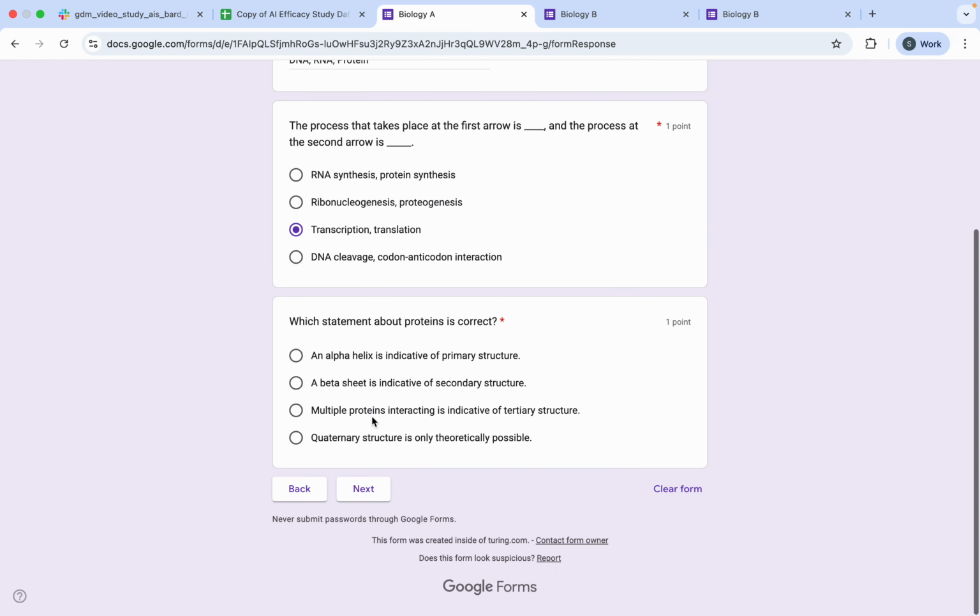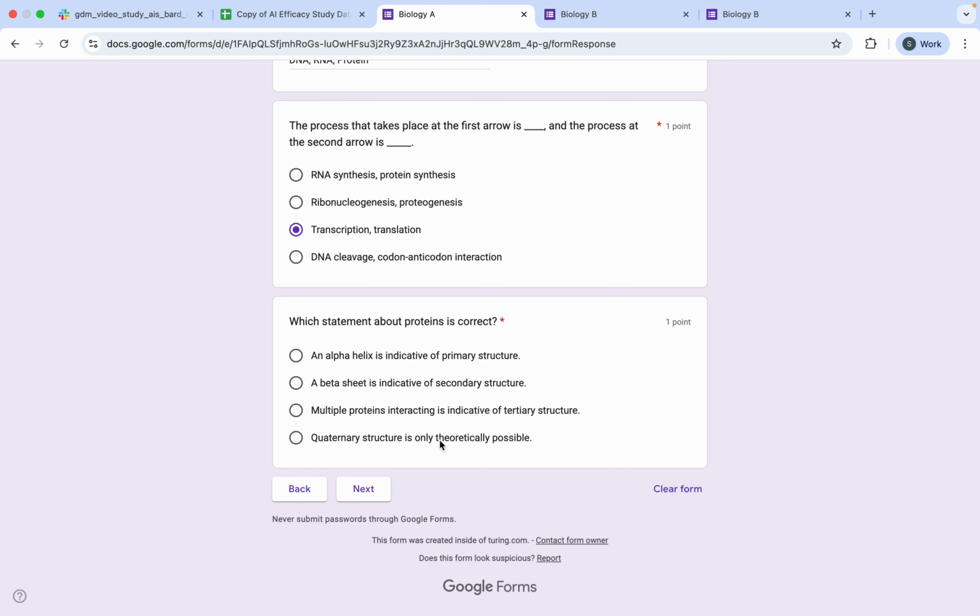Okay. Now, the next question is, which statement about protein is correct? An alpha helix is indicative of primary structure. I think this is wrong. A beta sheet is indicative of secondary structure. I think this is correct. Multiple proteins interacting is indicative of tertiary structure.